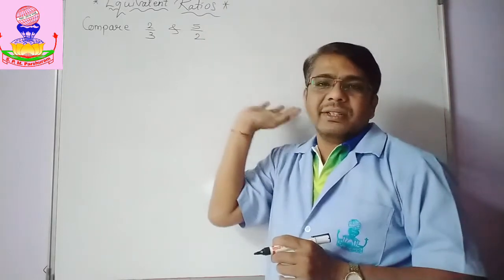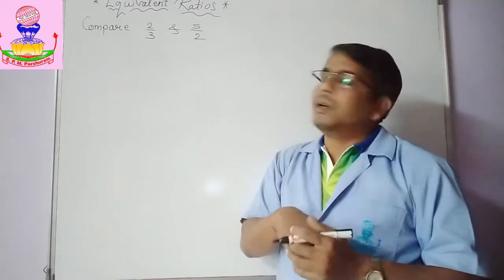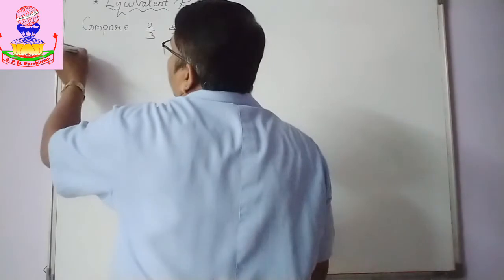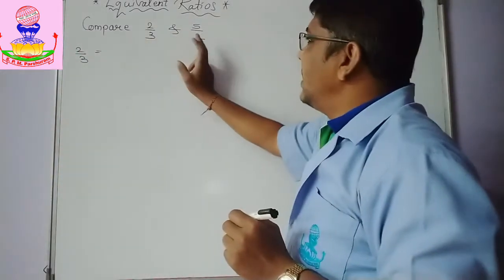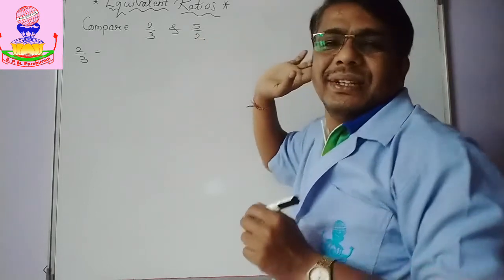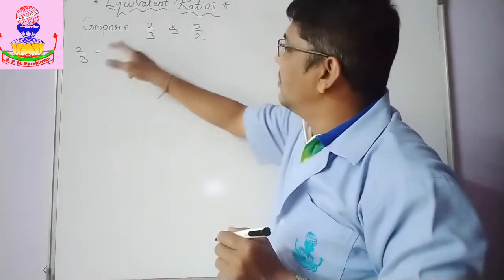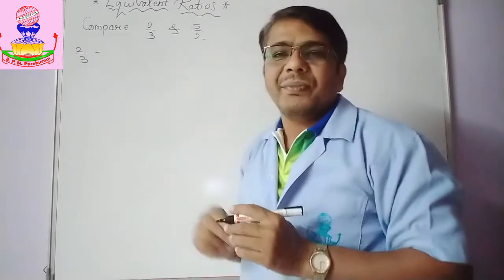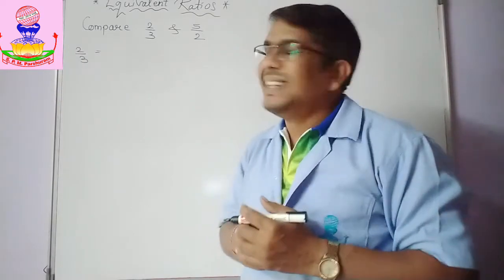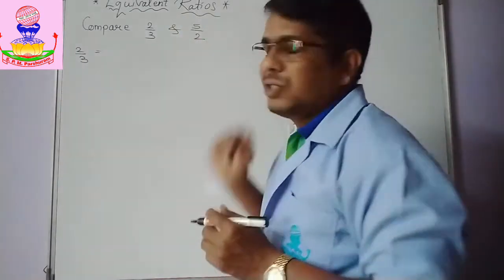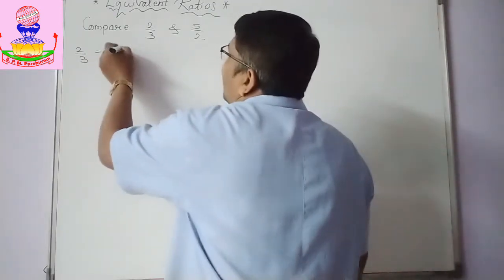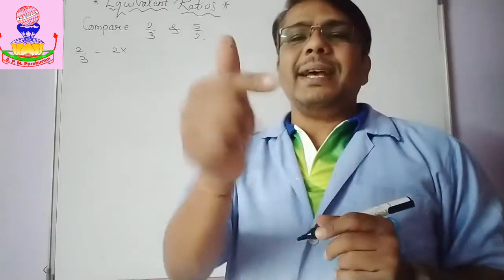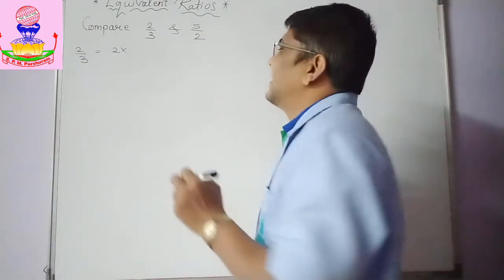Okay, and this also I have written already in fractional form. Okay, now here 2/3. So first convert it into like fractions. Now here 3 and 2. So what I will do, I will multiply 2/3 by 2. And I will multiply 5/2 by 3. Okay, so what we are doing, we are equalizing the, yes, absolutely, denominators.